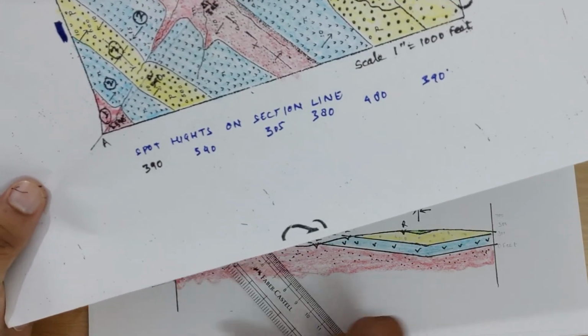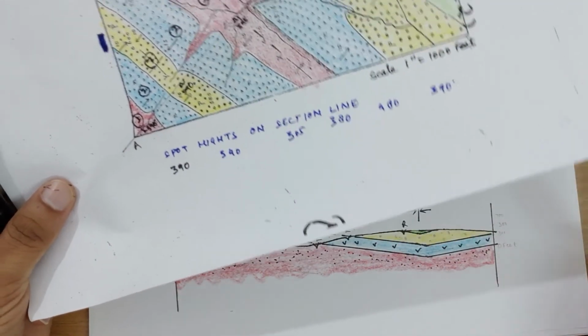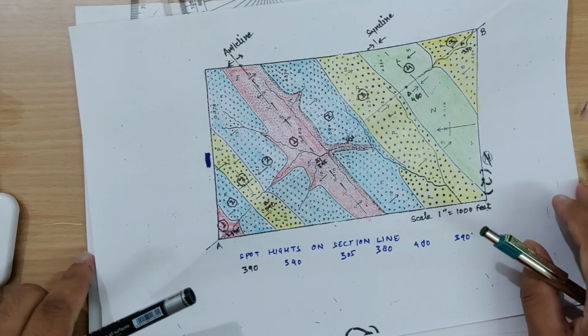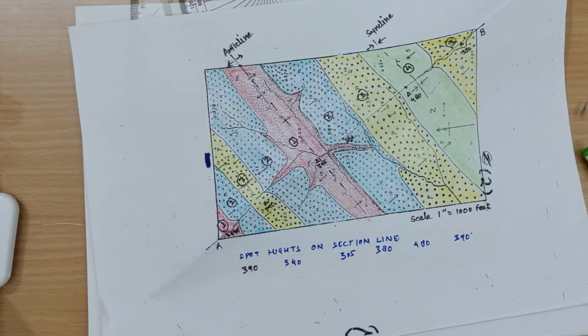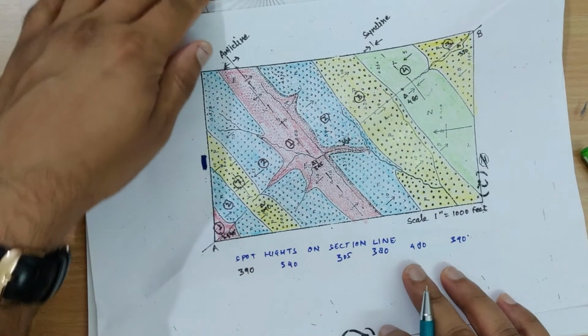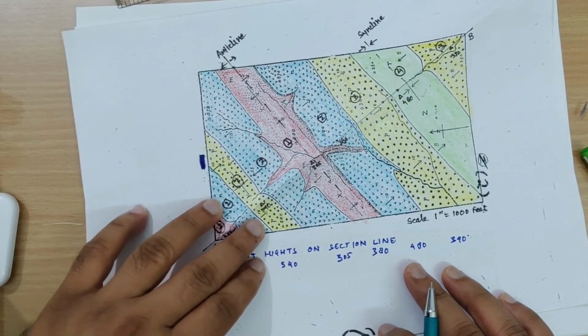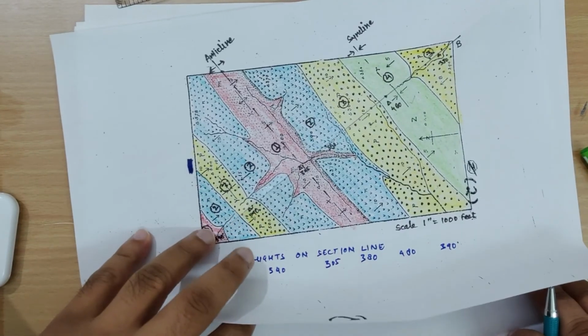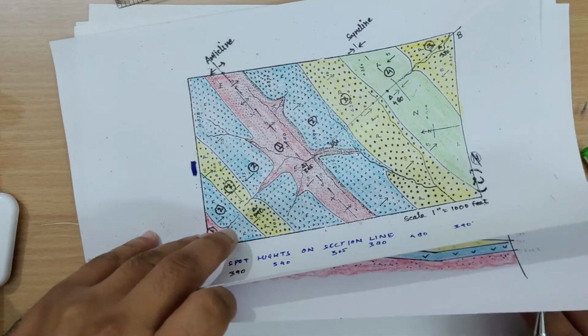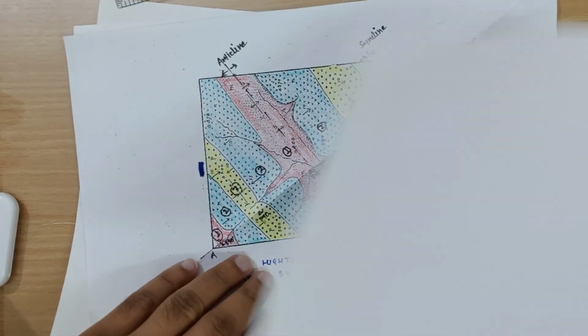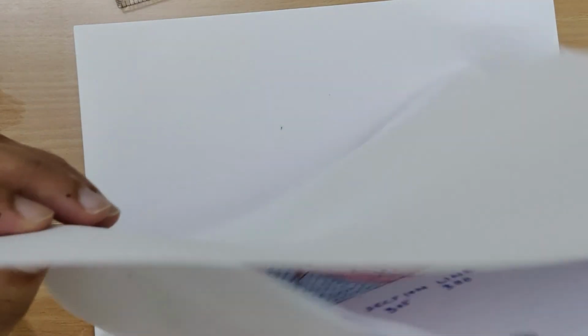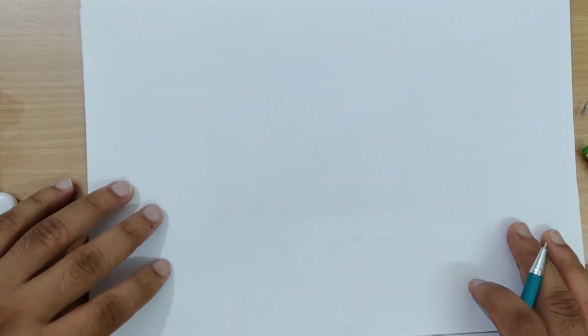Now let's interpret this map. We discuss the map in 4 points: the topography, structures present, the order of superposition, and ultimately the geological history of the area. So let's write these points one by one. The first point we will discuss will be topography.